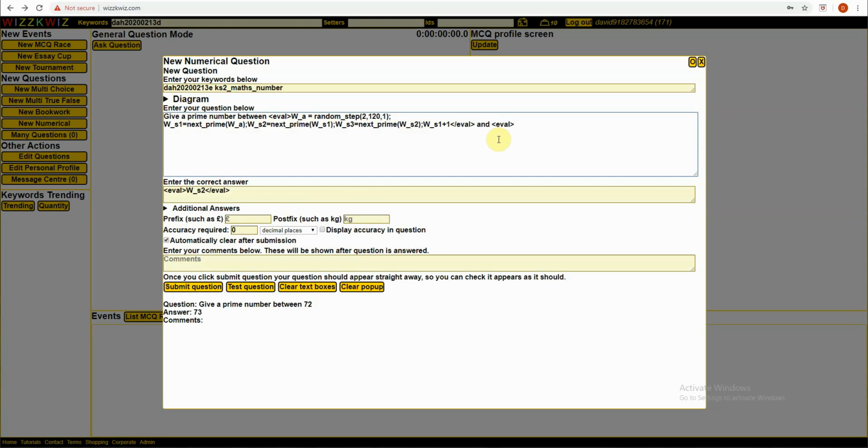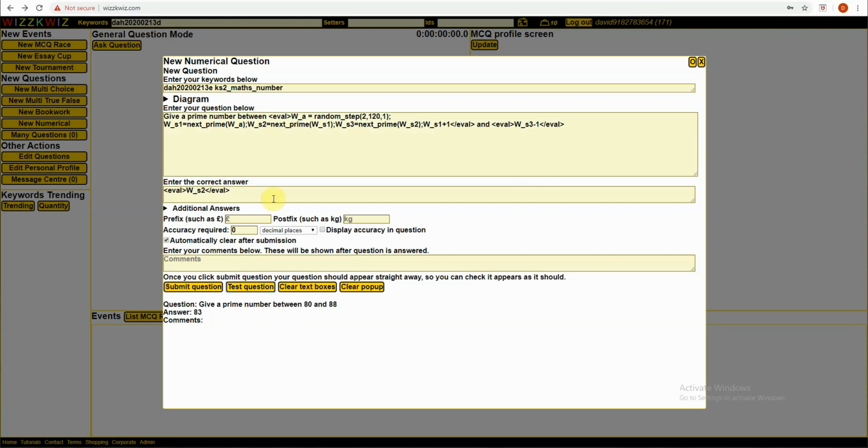So I now have to put eval in again because I actually want to return a value from the expression, and this is going to be WS3 minus 1. Okay, so prime number between 6 and 10, yeah, 7. Prime number between 80 and 88, 83. 42 and 46, 43. 68 and 72, 12 and 16, 13.